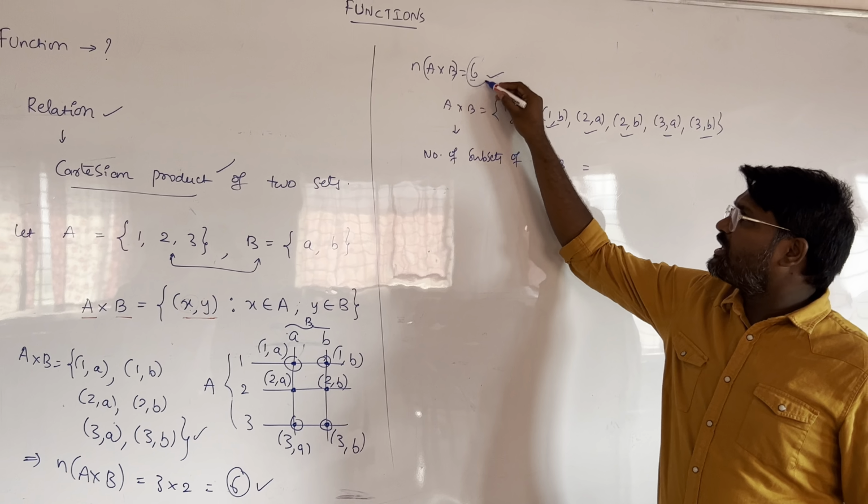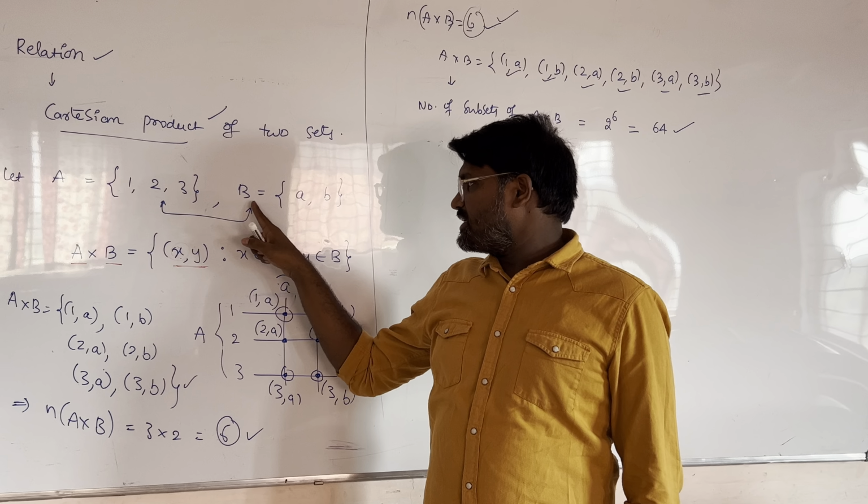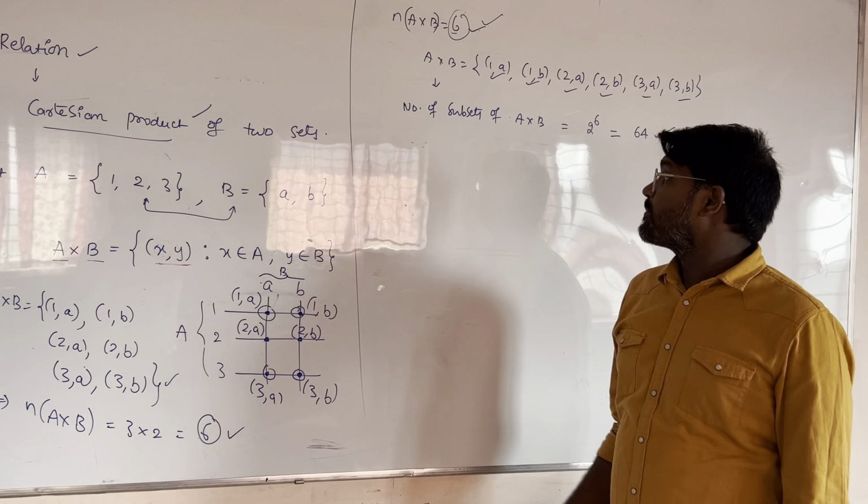That means we can define 64 subsets from set A, which has 1, 2, 3, and set B, which has a, comma b as elements.